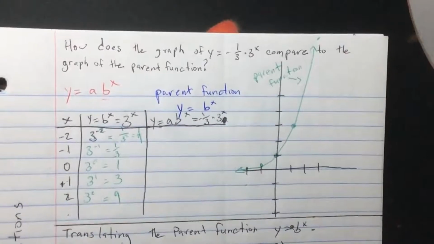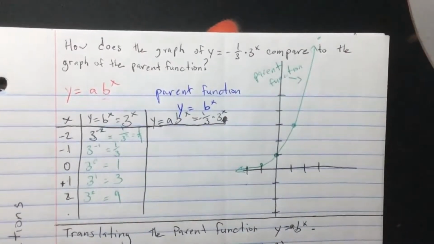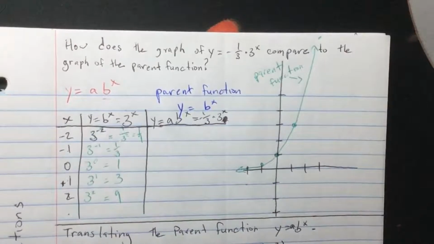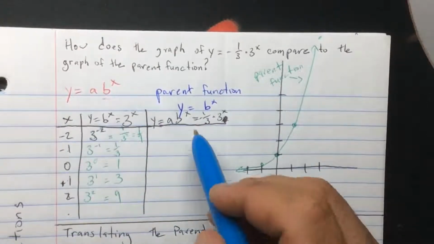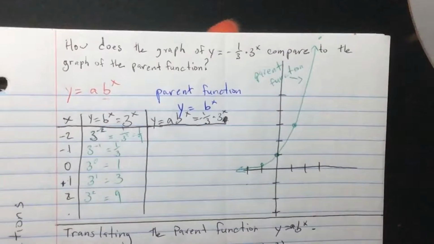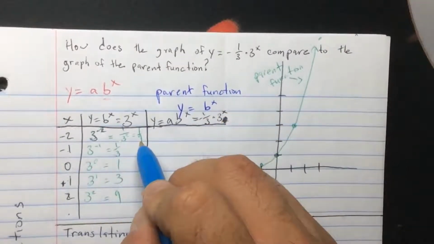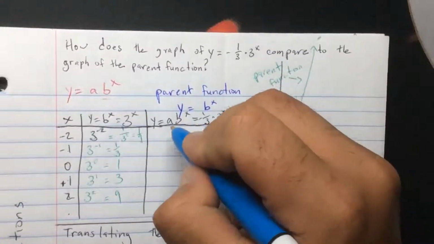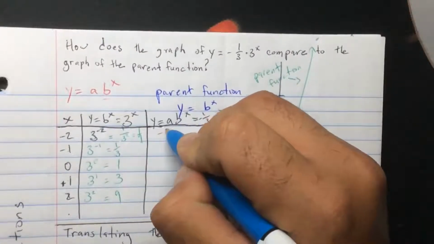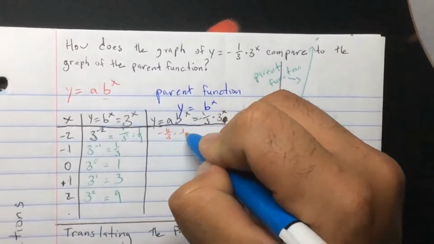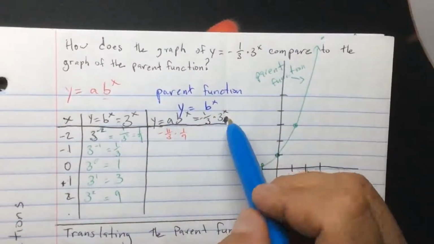And then we'll do our transformation in red. So we're going to do this one here. Now it's going to be multiplied by that. So we have our 3 to the x, which is our 1/9, right? So it's going to be -1/3 times our 1/9, because we already calculated 3 to the x.